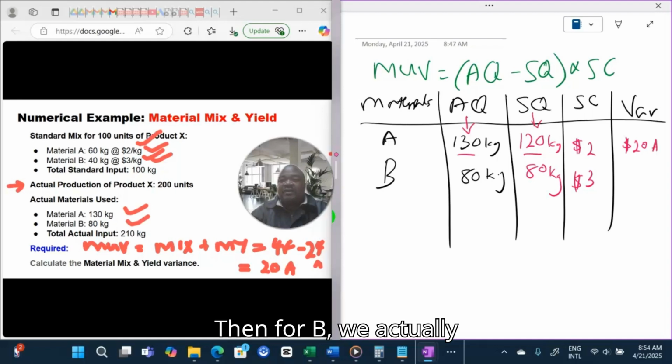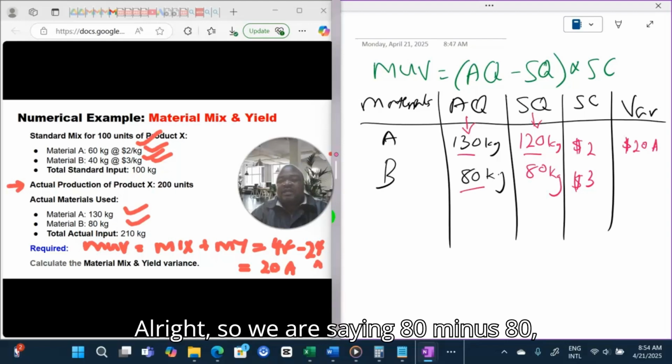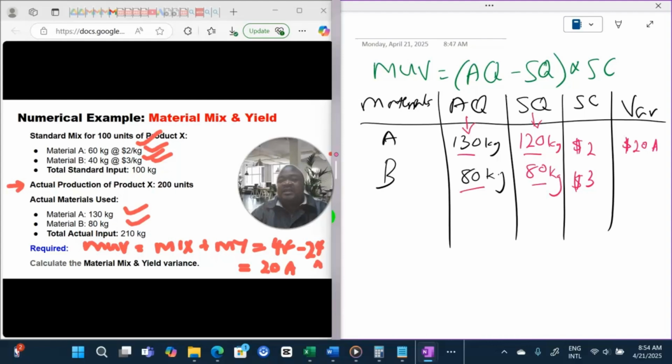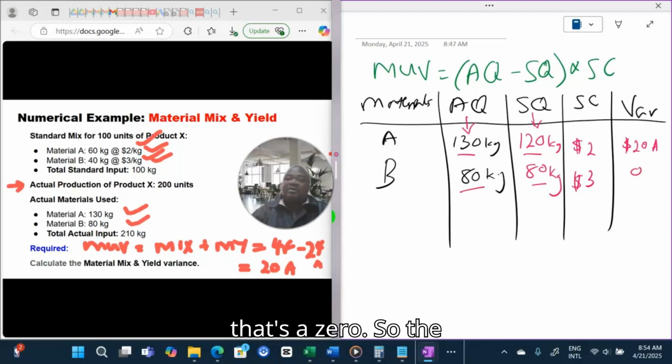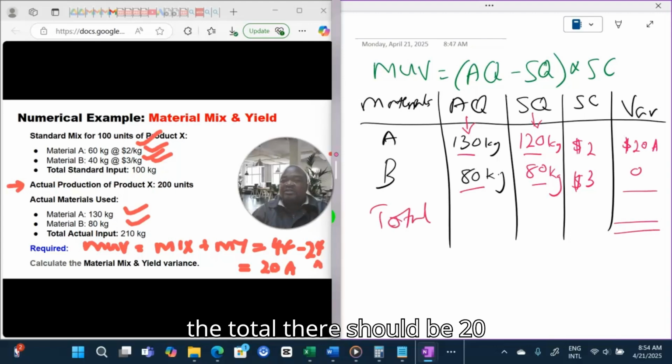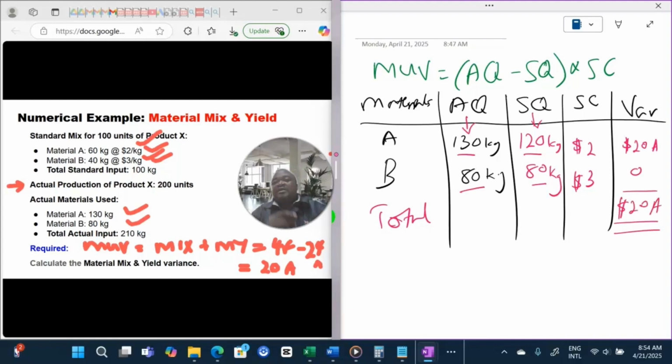Then for B, let's first get the total. We are saying 80 minus 80, the difference is 0 multiplied by 3, that's 0. So the total there should be 20, which is adverse.